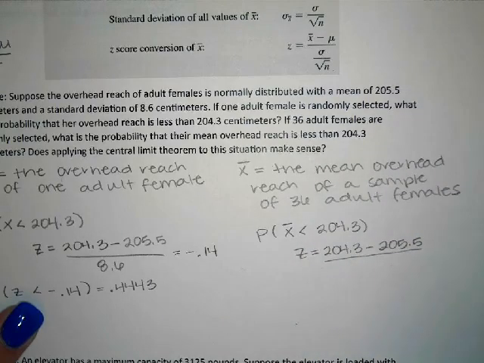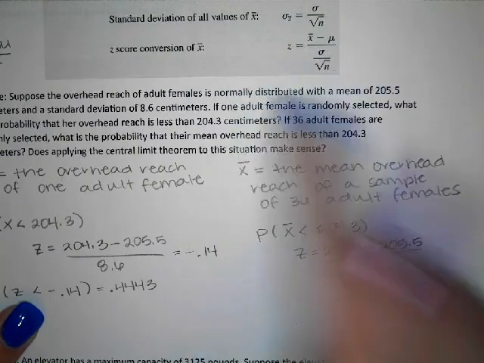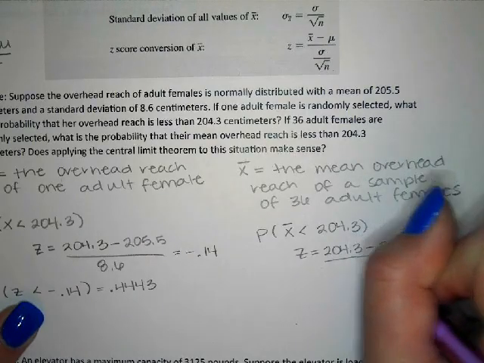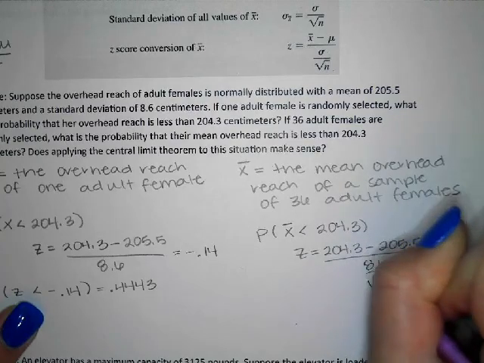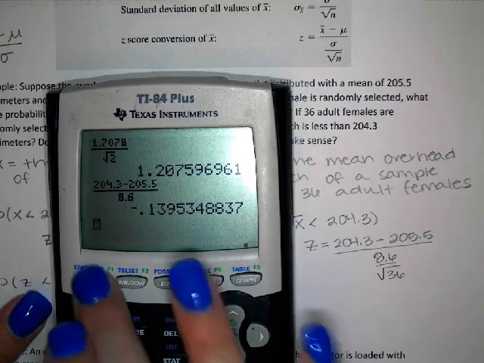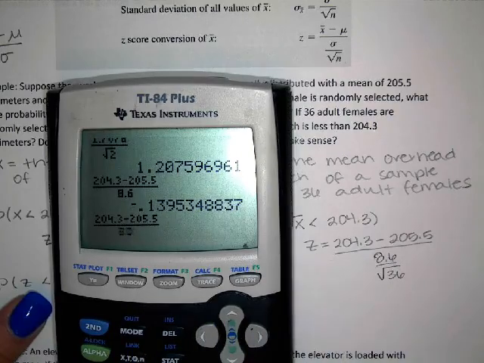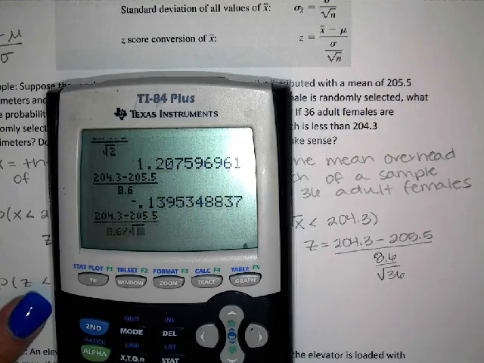Sample mean minus the normally distributed mean, over the sigma, which is 8.6, divided by the square root of the sample size. So we're going to type in something real similar: 204.3 minus 205.5 divided by 8.6 over square root 36. Negative 0.84.